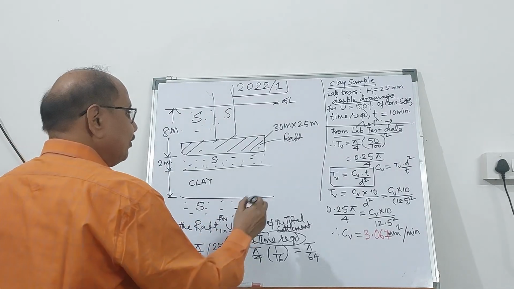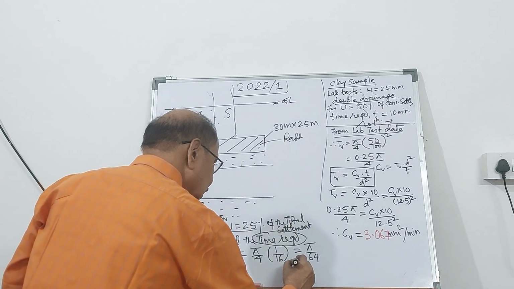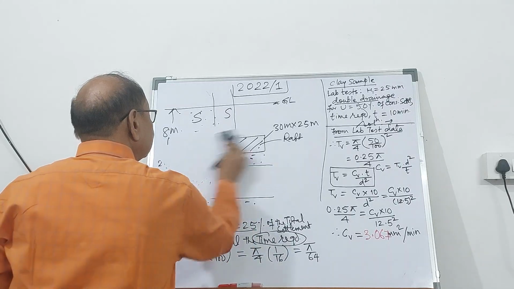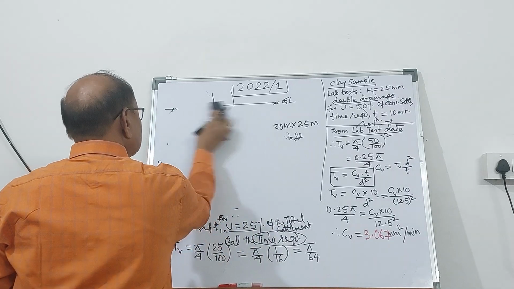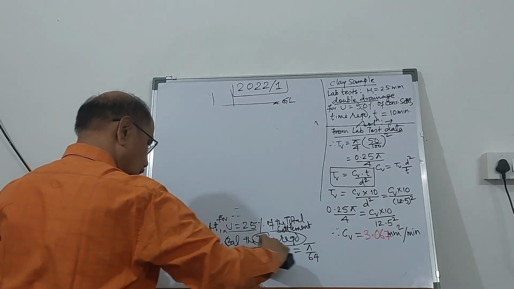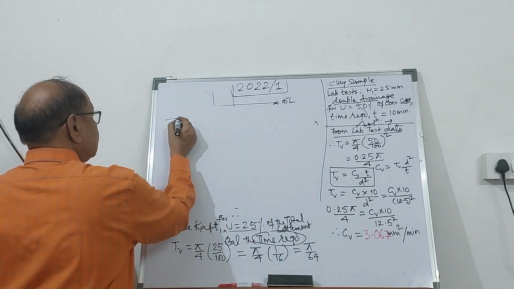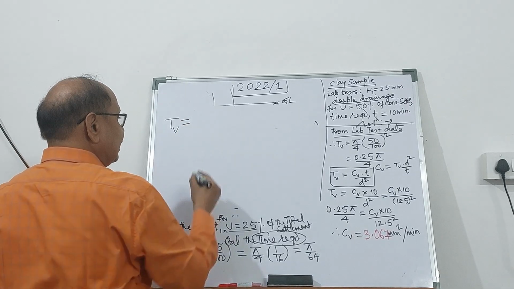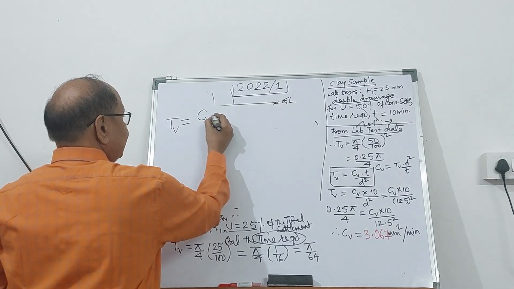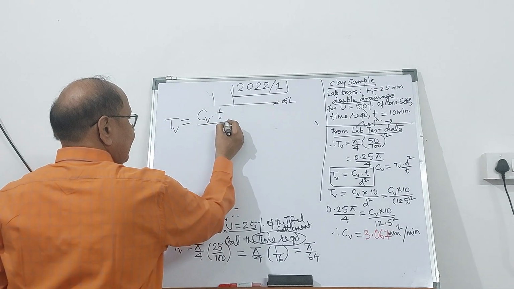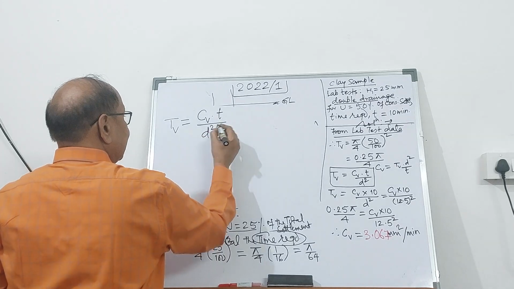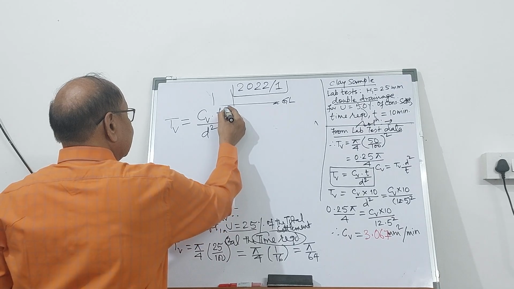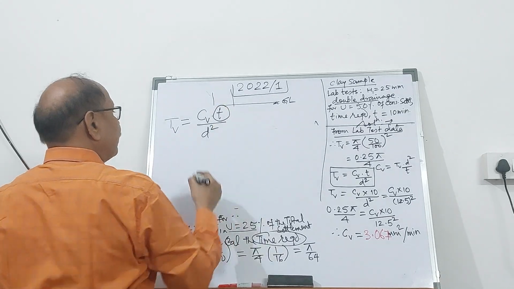So now TV we already know. For this problem, the time factor is given as coefficient of consolidation into time required divided by drainage path whole square. Now, this we will have to find out.